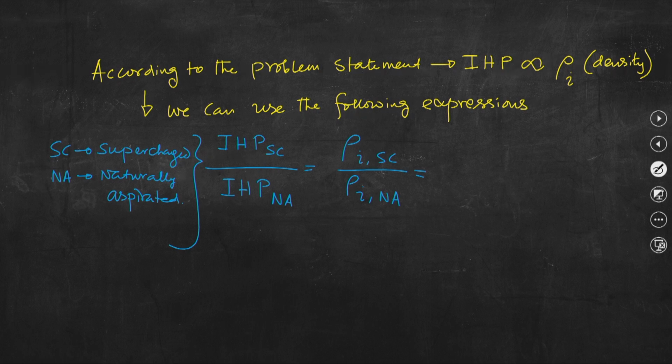So, we can write rho equal to P by RT. You know that inlet pressure is remaining same for both the cases, so P1 by Pi and then into Ti by T1a.